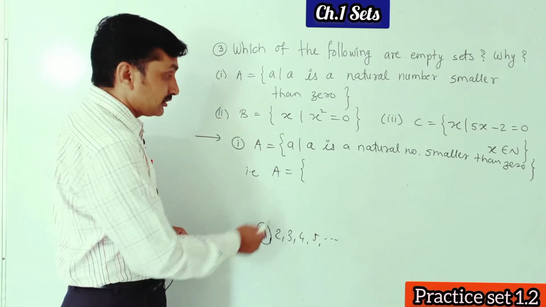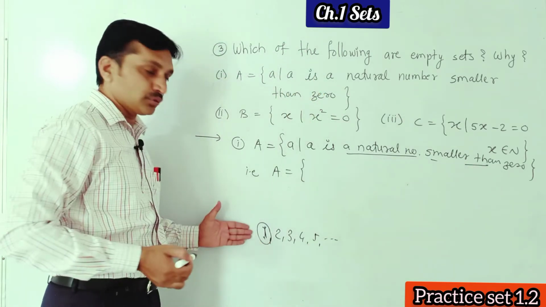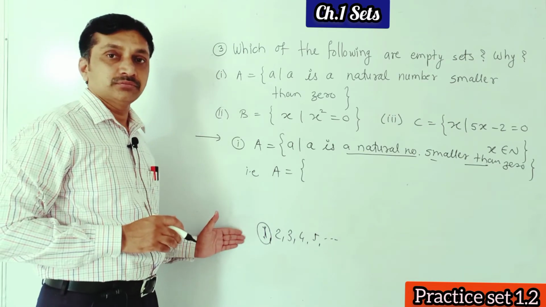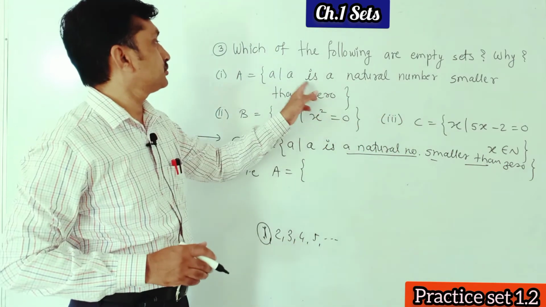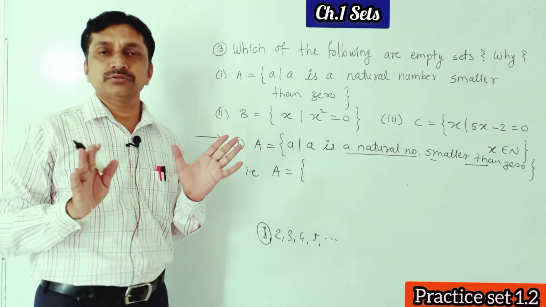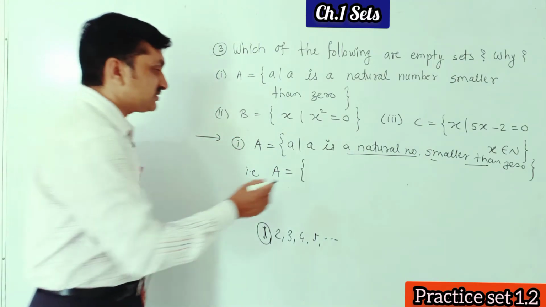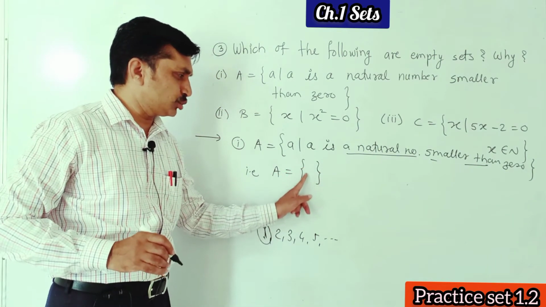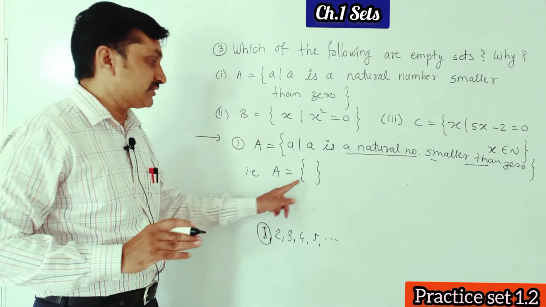And we want a natural number smaller than 0. There is no natural number smaller than 1, and here 0 is given. There is no natural number smaller than 0. So here it is an empty set. There is no element here. That's why it is called an empty set.